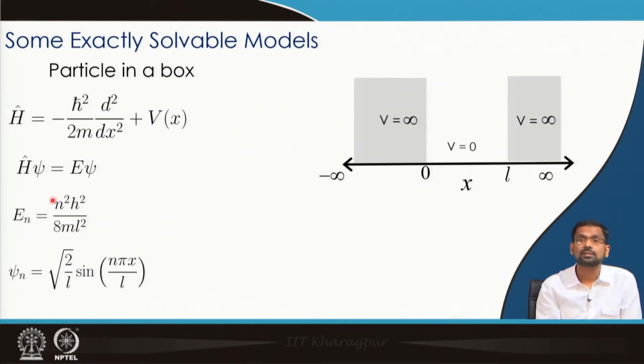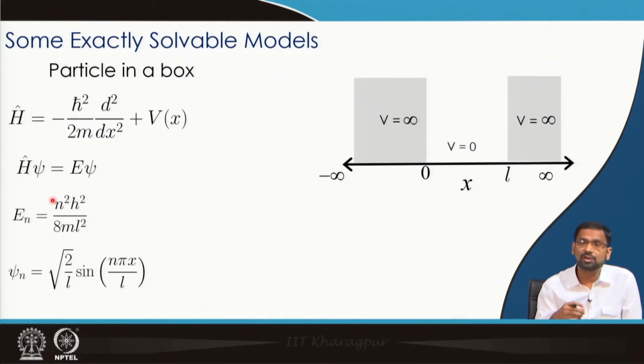and this n would be something interesting to discuss. When I solve this differential equation quantum mechanically, I would find that there are n number of possible solutions. Corresponding to each solution, I get an eigenvalue and an eigenfunction.